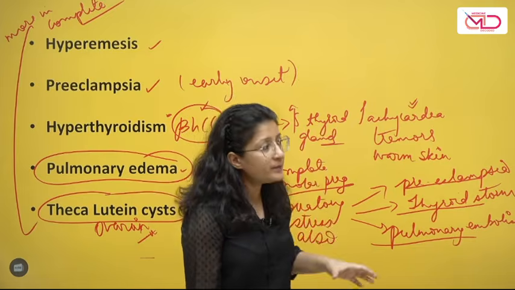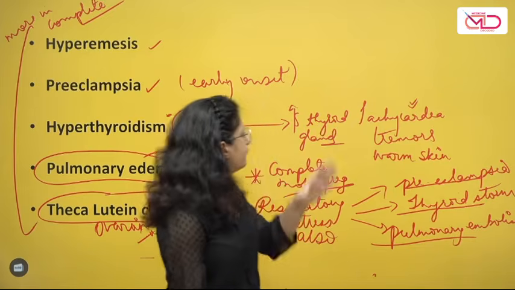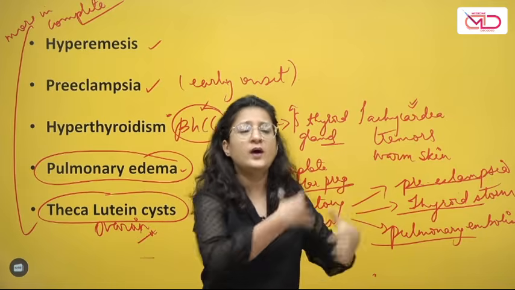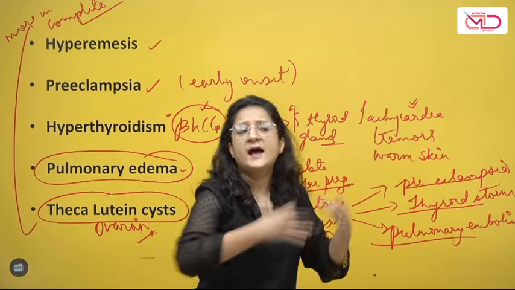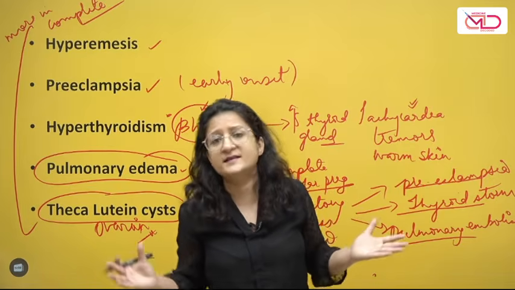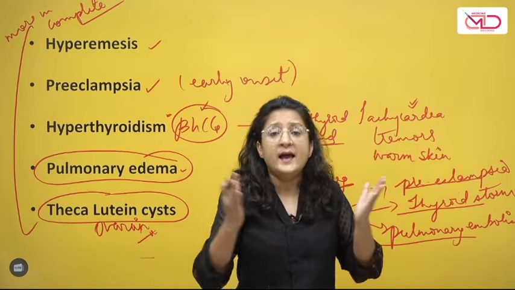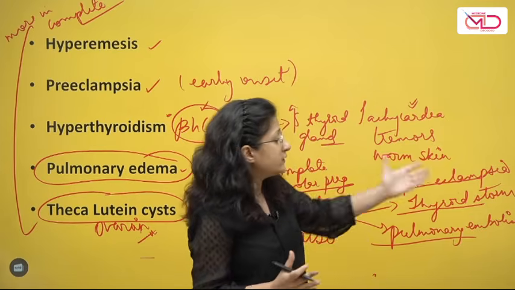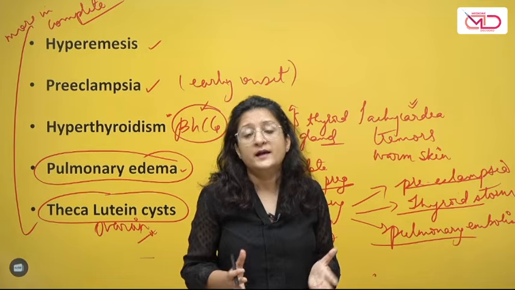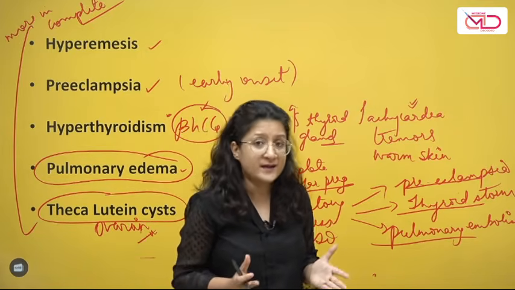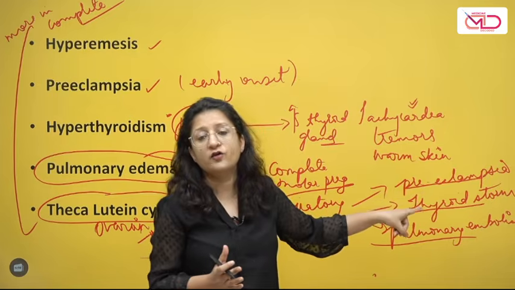So if you take up a patient on table, maybe you have to manage a molar pregnancy and evacuate the uterus and you have to give the patient some form of anesthesia, regional anesthesia or a general anesthesia or any other drug, then if you give that to a thyroid storm patient on table, that can be disastrous. The patient could suffer from cardiac arrest, right? So you need to be aware of this possibility.